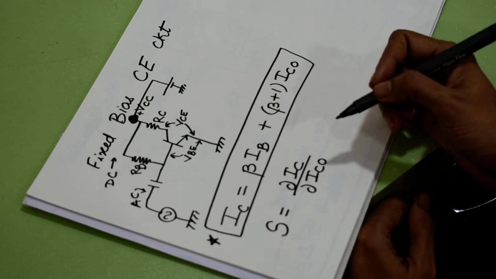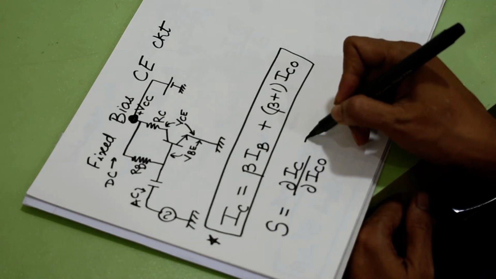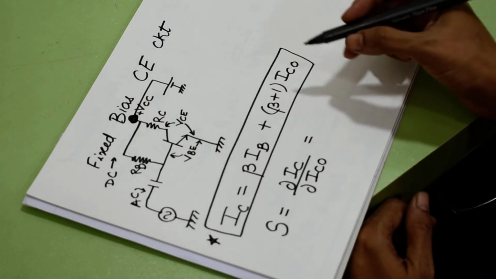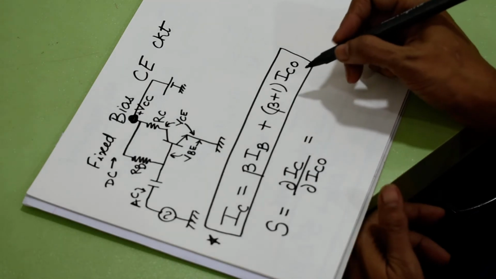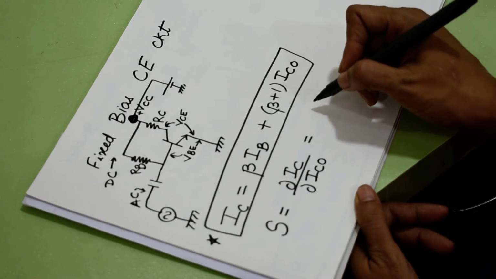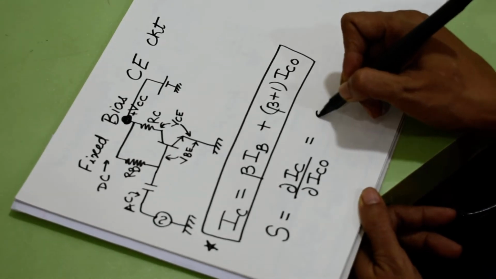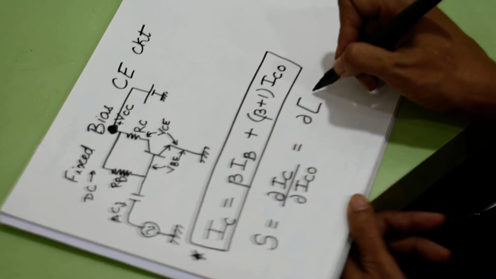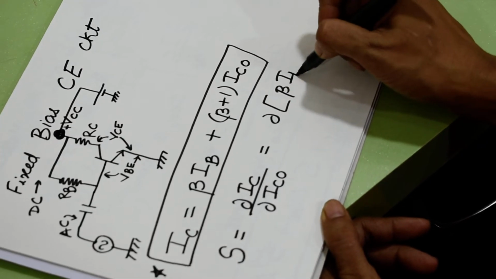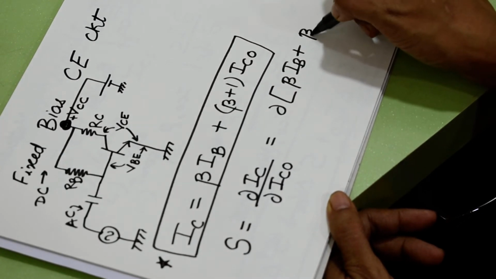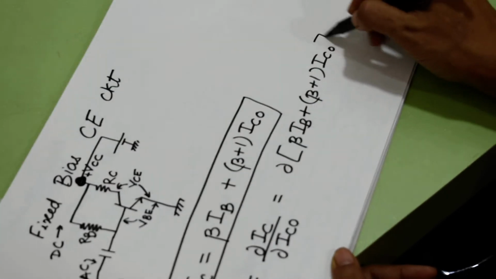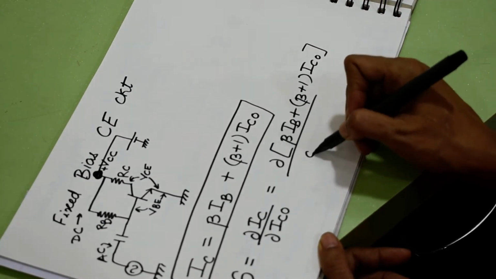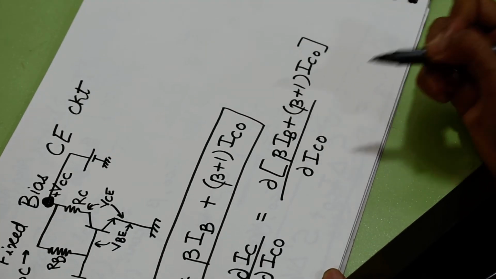We know that when I want to take derivative of IC, then we will consider this is a derivative of beta IB plus beta plus 1 ICO, of course with respect to ICO.